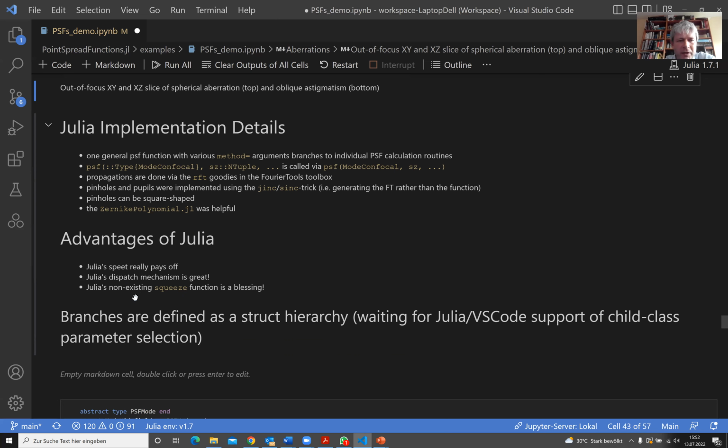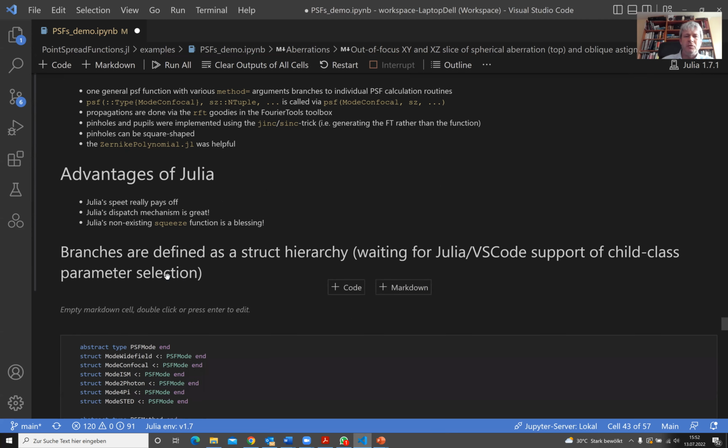So in Julia, there is no automatic squeeze, which is really very good, because then you know precisely what dimensionality your data set has. And if you go to other languages that automatically start to squeeze your results, then you get into lots of trouble there, which doesn't happen in Julia. And if you want to squeeze, of course, you can do it by hand.